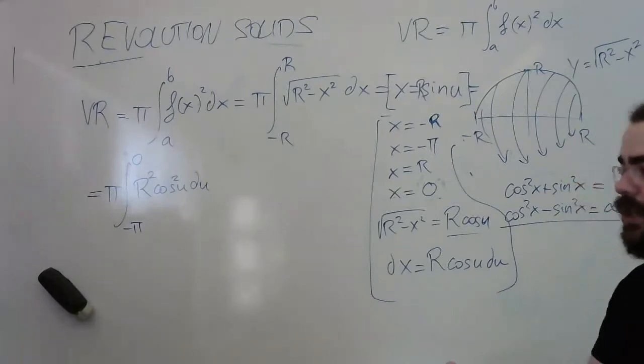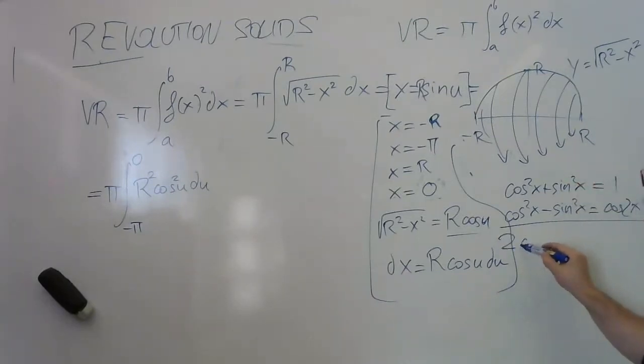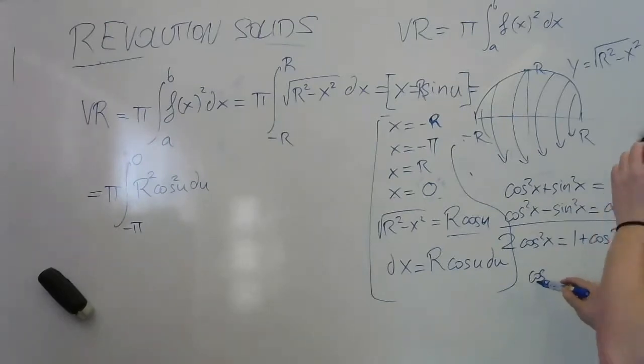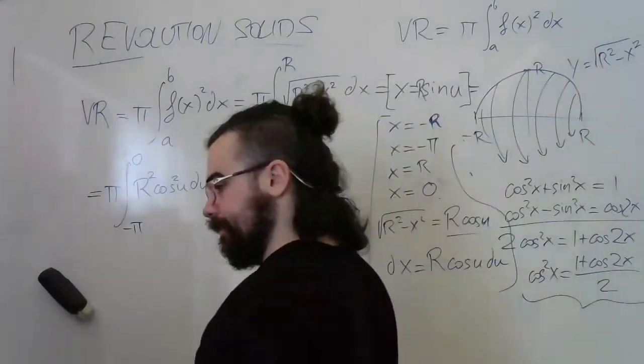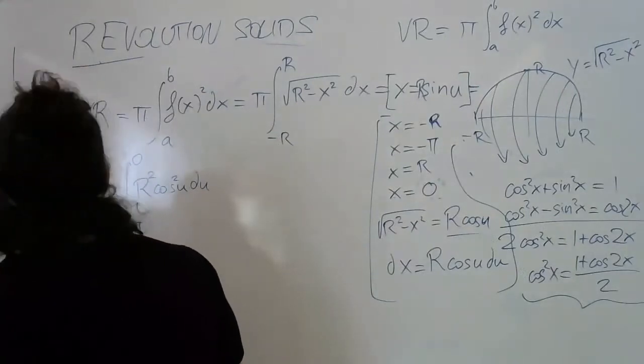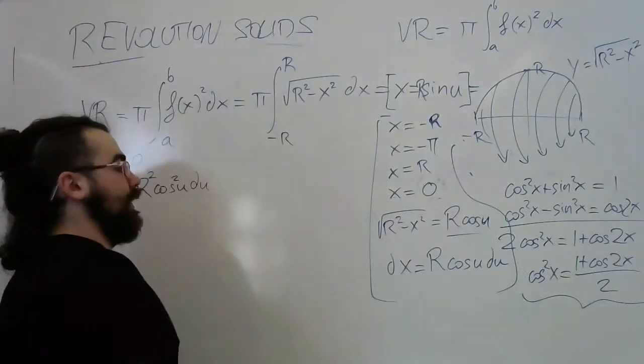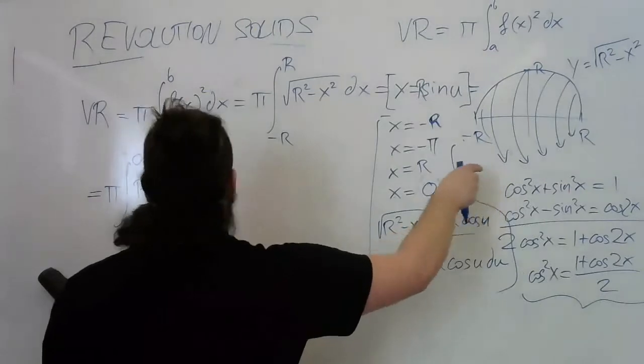If you sum these equations, you get 2 cosine squared of x is 1 plus cosine of the double angle. And so cosine squared of x is 1 plus cosine of the double angle divided by 2. And this is what you're going to use. Will you ever need more trigonometric identities? Maybe, but these two are very useful.